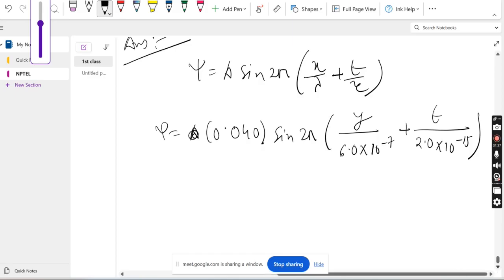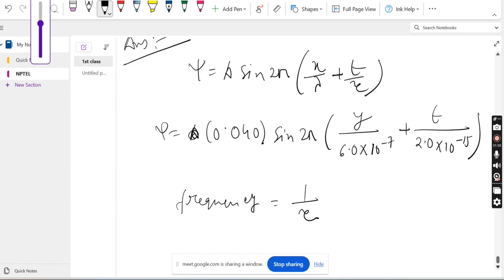So first, what is the frequency? The frequency is 1 by tau, which would be 1 by 2 into 10 to the power minus 15.